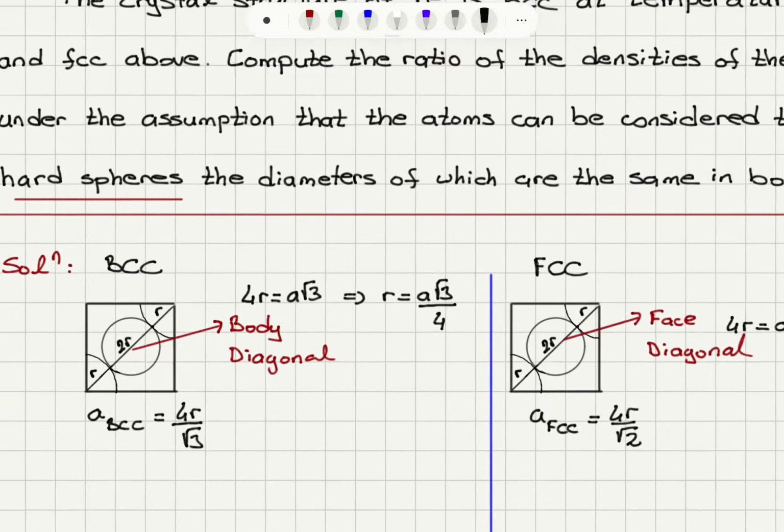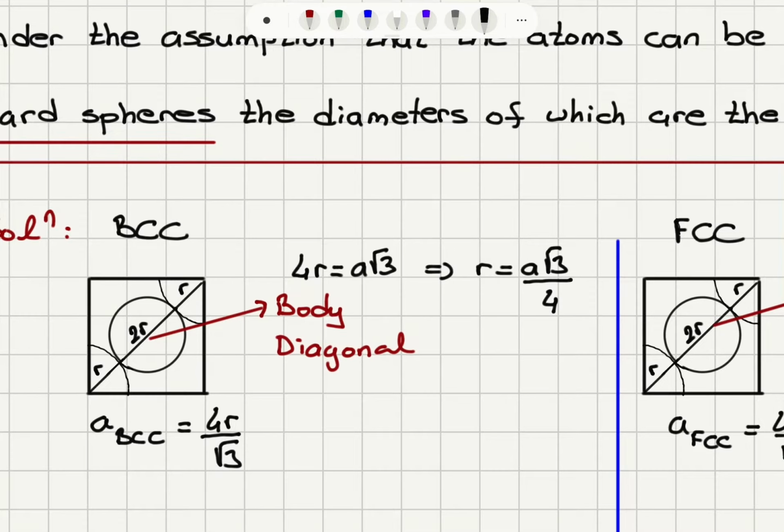Okay, so in the body-centered cubic structure, we have the nearest neighbors, the one at the body center and the ones at the corners. So the body diagonal is a√3, where a is the lattice constant. So we have the atom in the middle that has diameter 2r, and the two atoms at the two corners facing each other across the body diagonal.